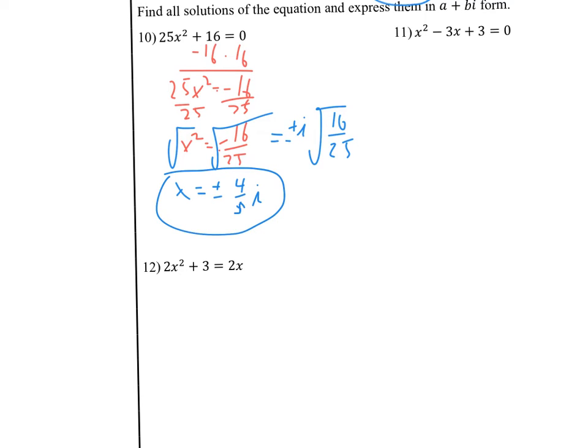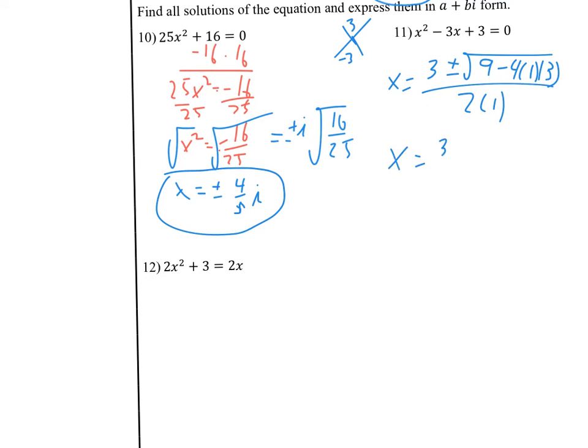Number 11 here I see is a trinomial, so you can try to factor this multiplying to 3 and adding to negative 3, but no numbers work. So we're going to use the quadratic formula, negative b plus or minus the square root of b squared minus 4ac all over 2a. So we'll just simplify this.